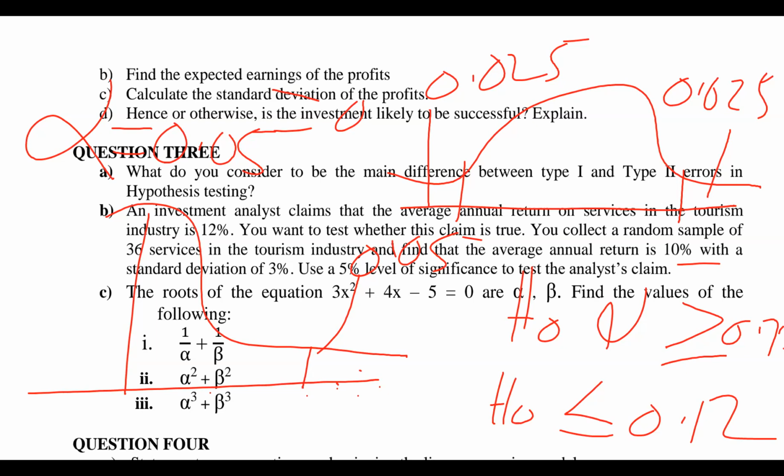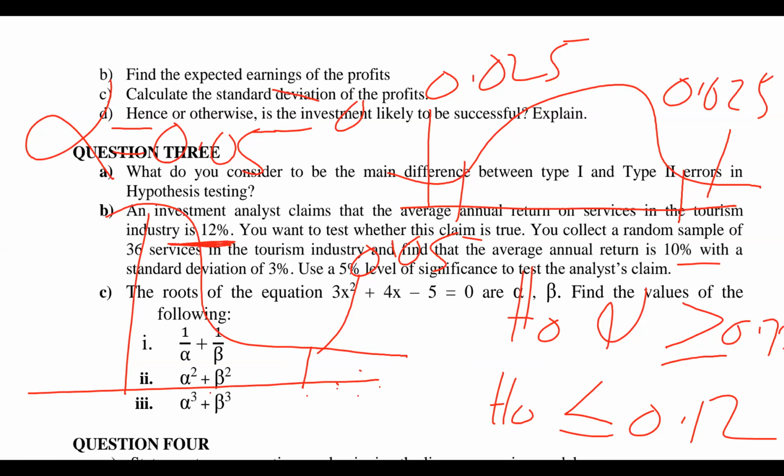Yes, sir. But my question would be, in this information we've been given, how do we know that mu is equal to 0.12? Or is this the hypothesis that we're supposed to try to prove? It is written here.